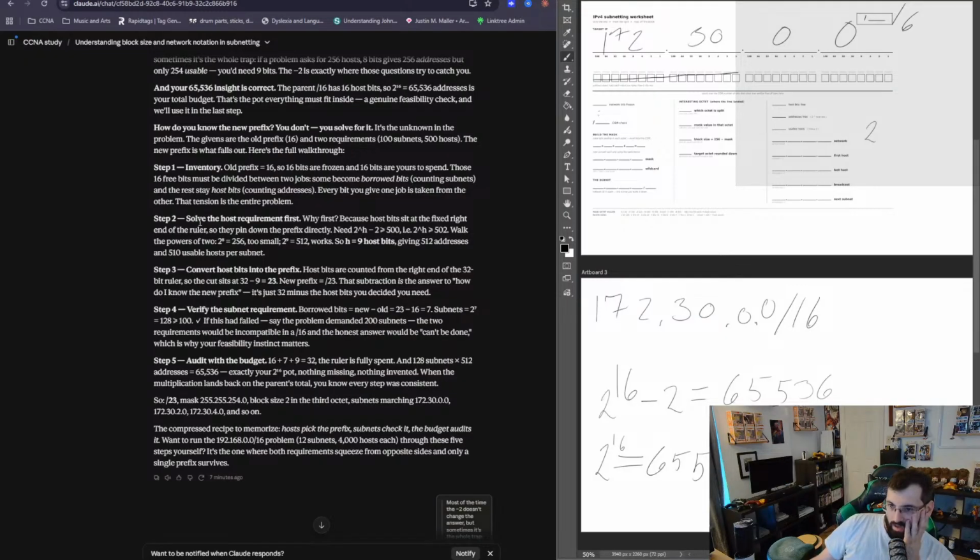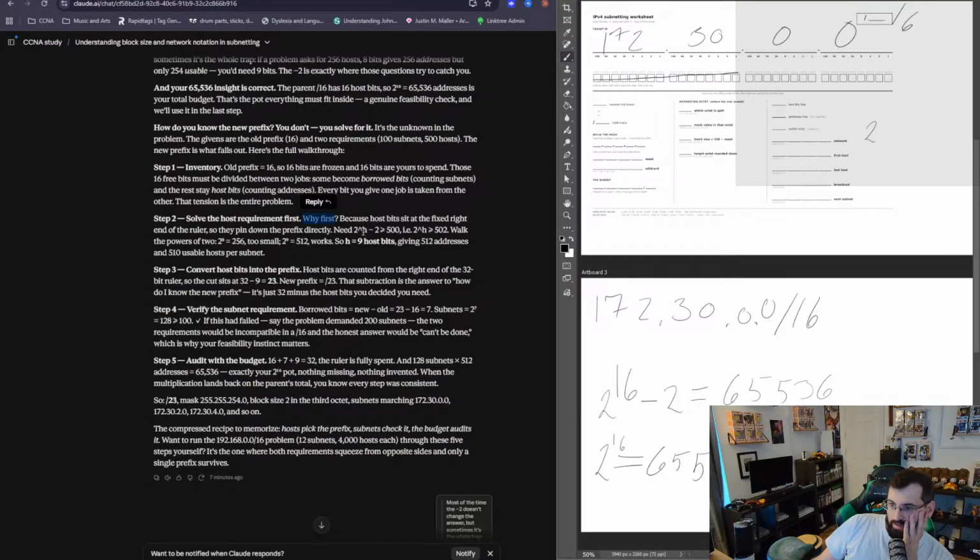Okay, step 2, solve the host requirement first. Why first? Because the host bit sits at the fixed right end of the ruler, so they pin down the prefix directly.